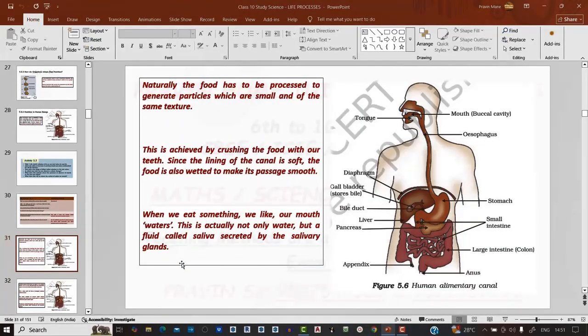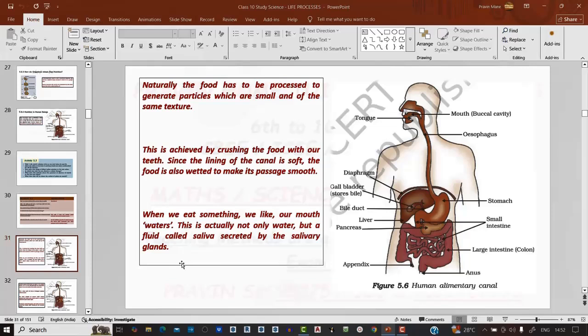Now, we will see how the nutrition process takes place in human beings. First, we'll study different parts of the human alimentary canal.